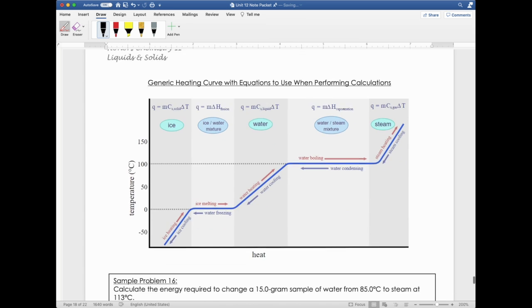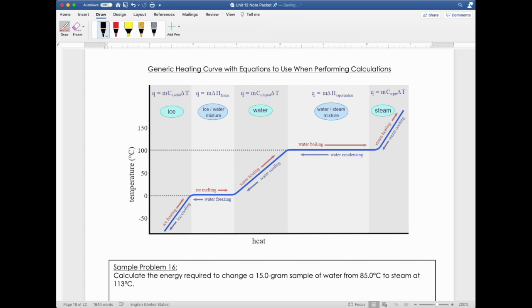And we do have a generic heating curve with equations. So as you are doing each of these types of problems, determining the energy required to raise the temperature of something and to go through a phase change, we can use those equations that we already talked about.